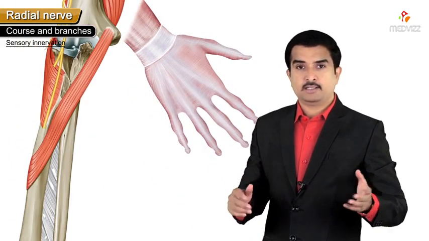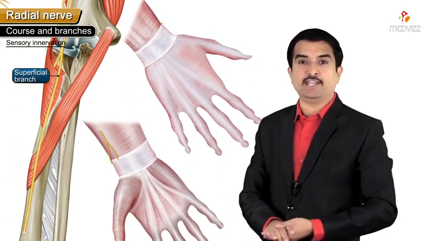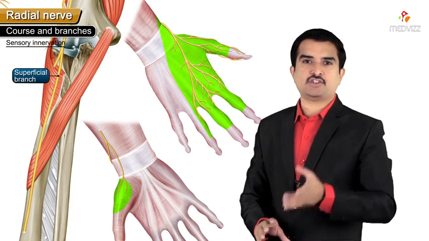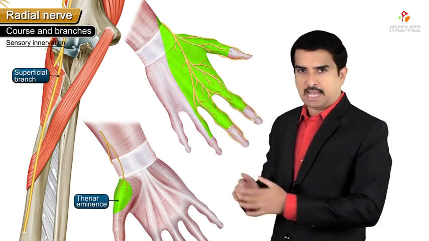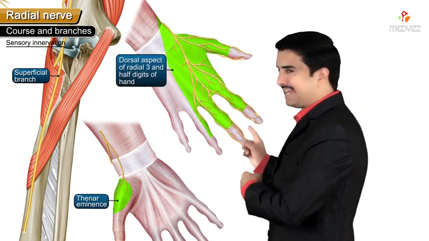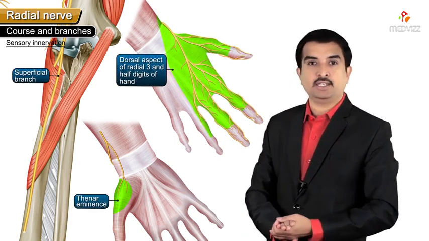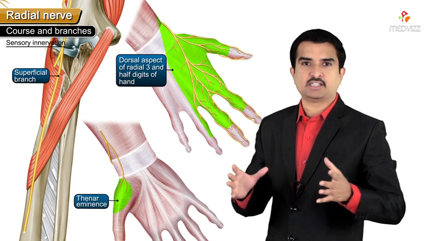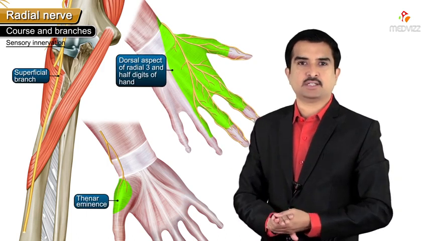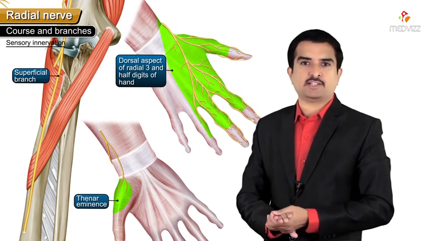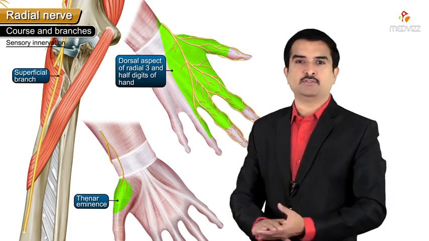And finally, the superficial branch of the radial nerve supplies sensation to the thenar eminence and also to the dorsal aspect of the radial 3½ digits of the hand. So this is what we have to talk about regarding the origin, course and branches of the radial nerve.